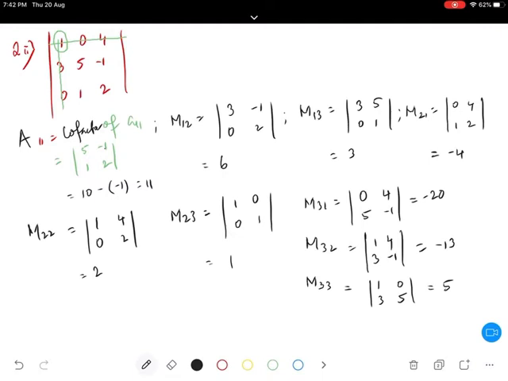Now, cofactor of A12 will be what? 1 plus 2 is an odd number, so it is minus 6. Cofactor of M13 will be the same thing because 1 plus 3 is an even number, so it will be plus. Cofactor of 21 will be what?